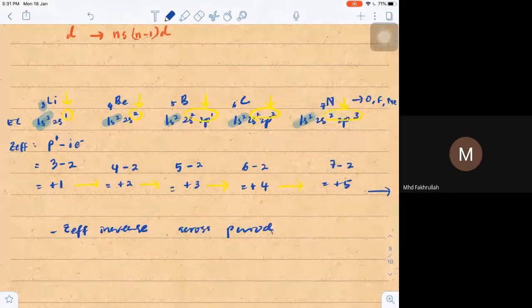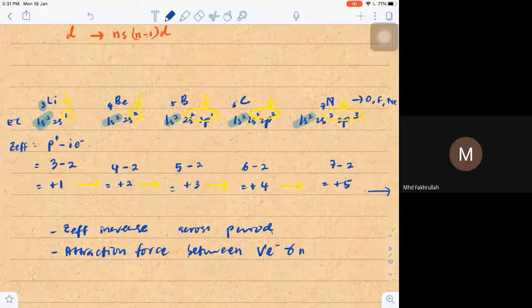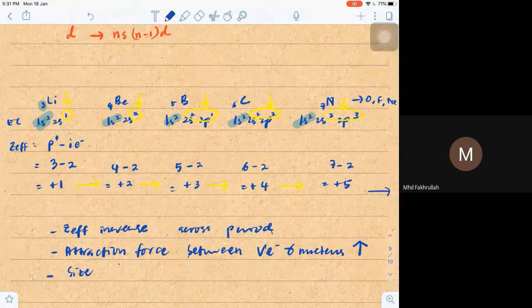Okay, so when the Zeff increases, it means that the attraction force between the valence electron and nucleus increases, so that the size decreases across the period.